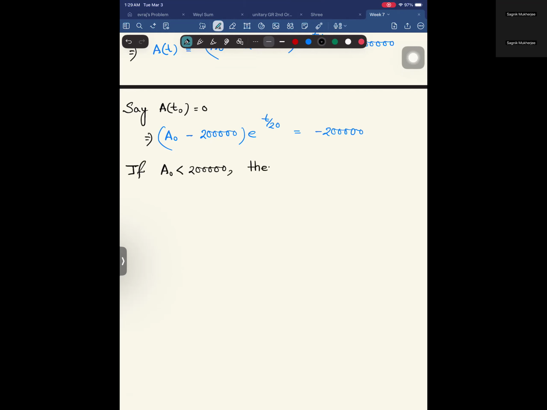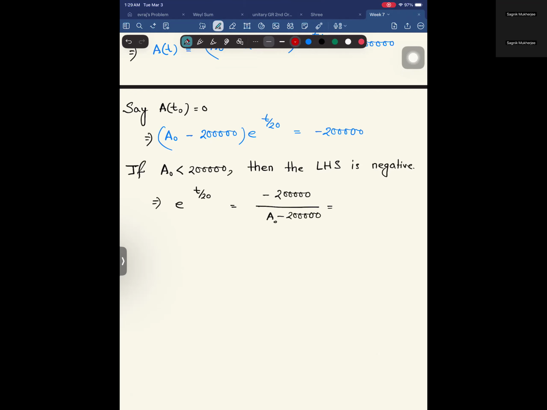Then the left hand side of the equation is negative, right? Meaning e power t over 20 is negative 200,000 over A0 minus 200,000.